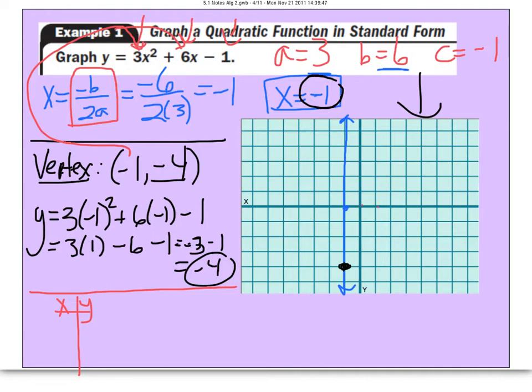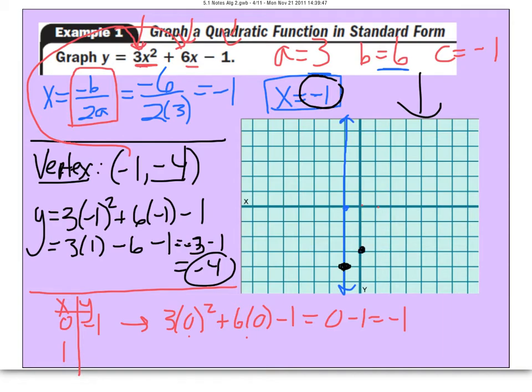I'll put that into this equation up here. So 3 times 0 squared plus 6 times 0 minus 1. Well, that's 0 and 0, so it's 0 minus 1, negative 1. So by the way, I'm going to plot (0, -1) right here.